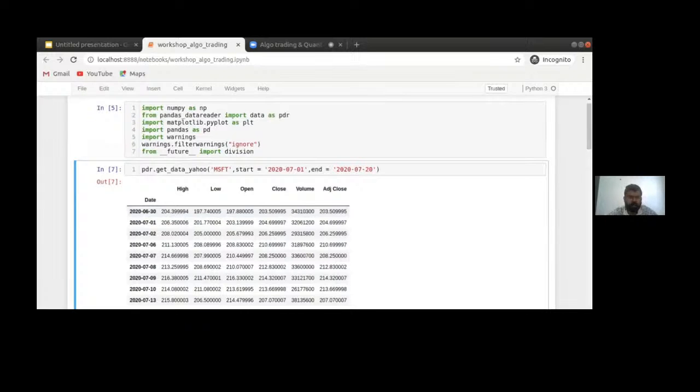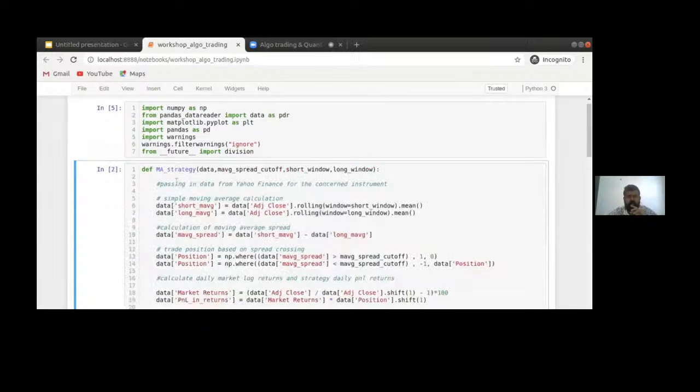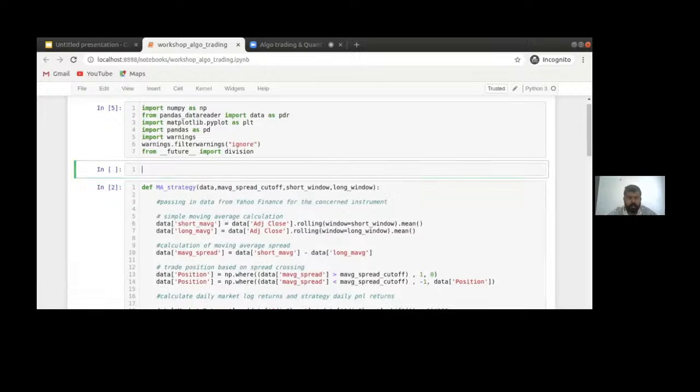Okay, there's another doubt from Anirudh, saying he's getting an error: no module named pandas data reader. That's a very good doubt actually. These libraries don't come pre-installed in Jupyter, so you have to install them.